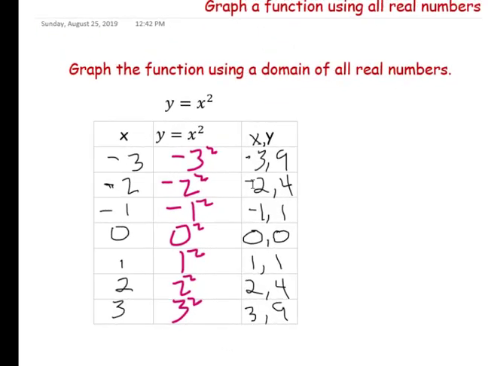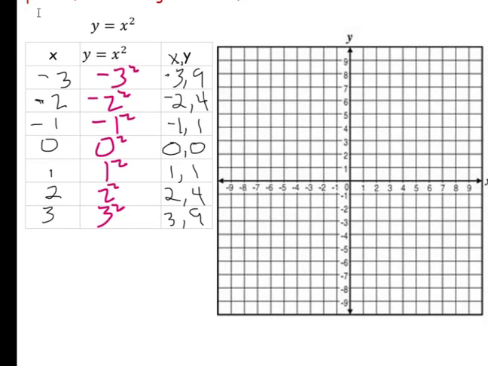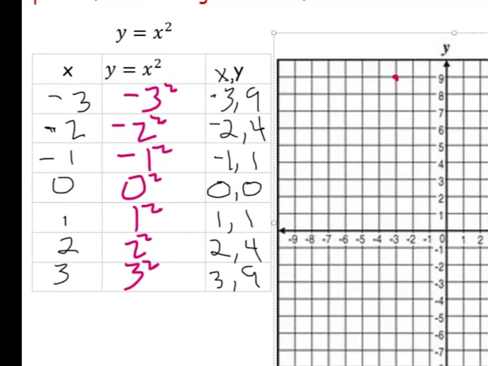It's time to graph, the fun part. Ta-da! My graph just appears like magic. Negative 3 and 9, that's up here. Put a dot there. Negative 2, positive 4.